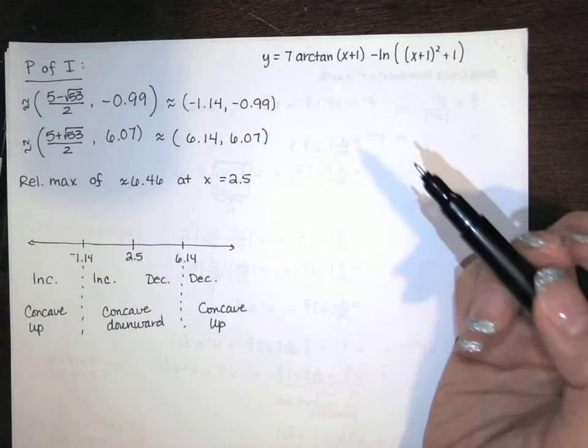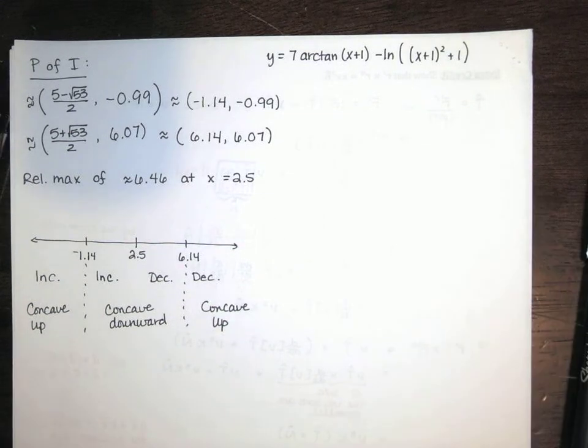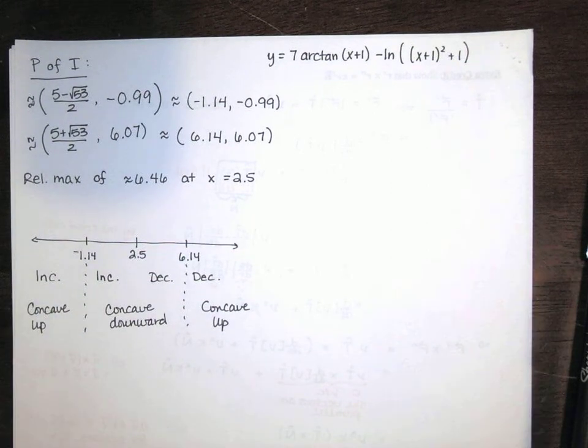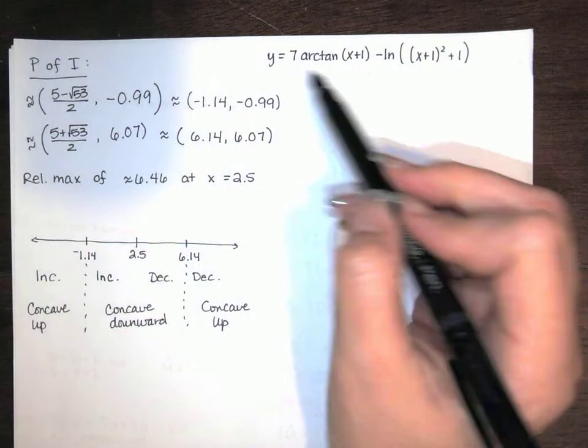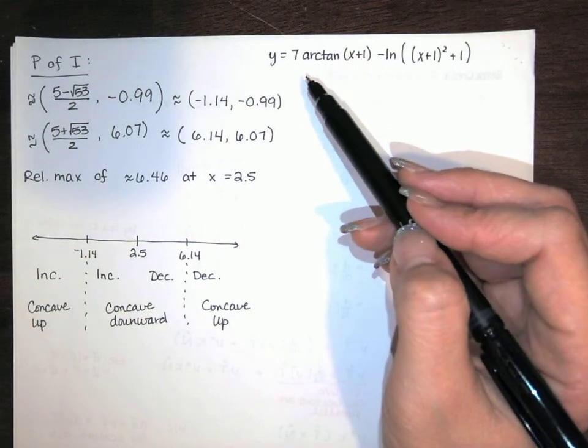All right. Now we weren't asked for this, but one thing that I also like to find generally is end behavior. We've got points of inflection, we found extrema, and I'd also like to know what the end behavior is. Well, arctangent has a range of negative pi over 2 to pi over 2.